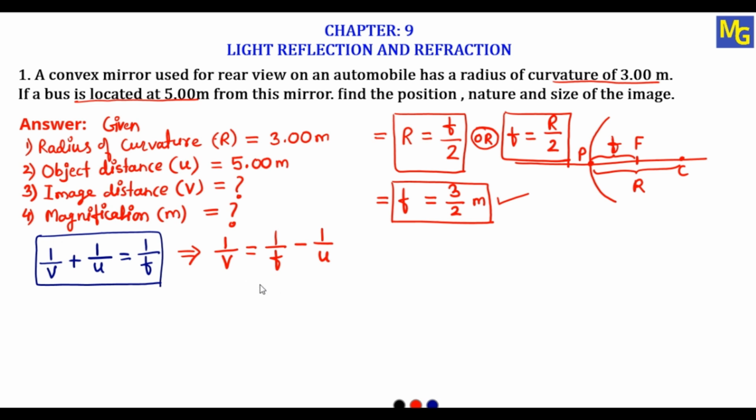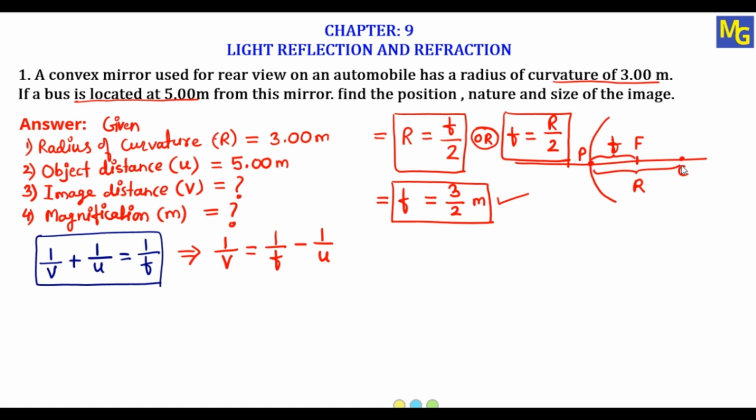Now before substituting the values, one more thing you have to remember: if you see all these values, radius of curvature, that is 3 meter, as I told in this diagram, if this is our convex mirror, then whatever distances we measure on this side should all be positive according to our sign conventions.